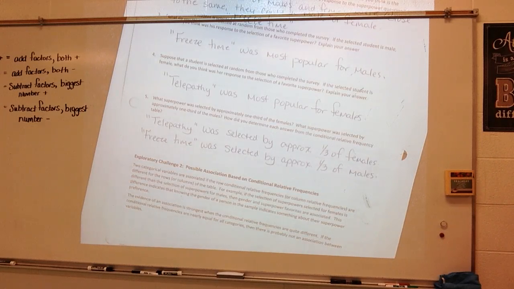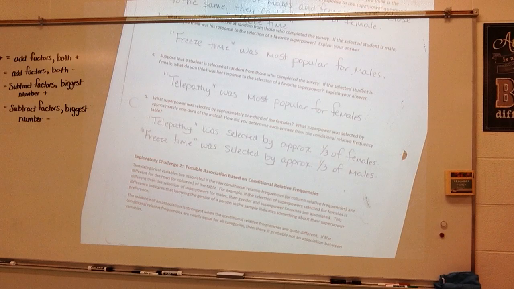All right, exploratory challenge number 2. Possible association based on conditional relative frequencies. Two categorical variables are associated if the row conditional relative frequencies or column relative frequencies are different for the rows or columns of the table.